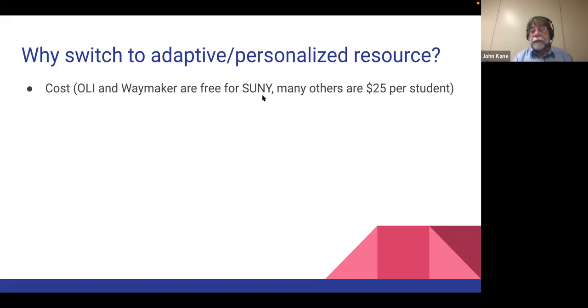And for people in the SUNY system, both the adaptive learning systems from OLI and the personalized learning system for Waymaker are free, at least for the next few years. I'm assuming that SUNY is likely to continue the contract with Lumen Learning Waymaker, which arranges for both of these to be provided.